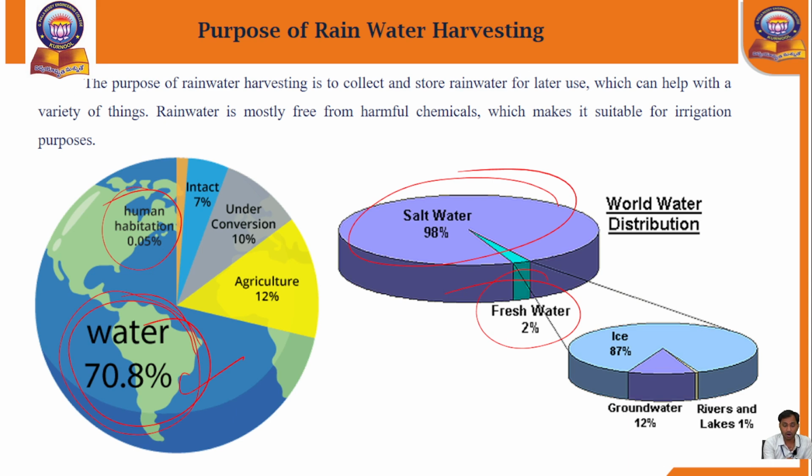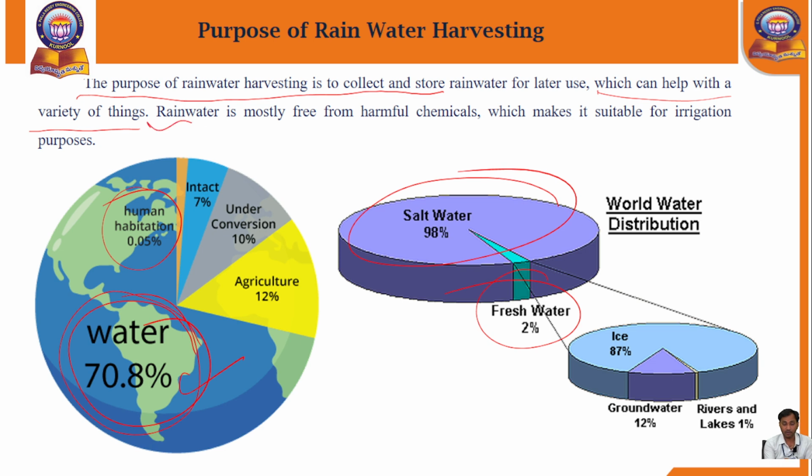So the purpose of rainwater harvesting is to collect and store the rainwater for later uses. What do we mean by later use? If we collect and store the rainwater and do a small treatment process, we can use it for drinking, or for domestic purposes like cleaning, bathing, gardening, or for irrigation in agricultural fields. The stored rainwater can be very easily useful for a variety of things.